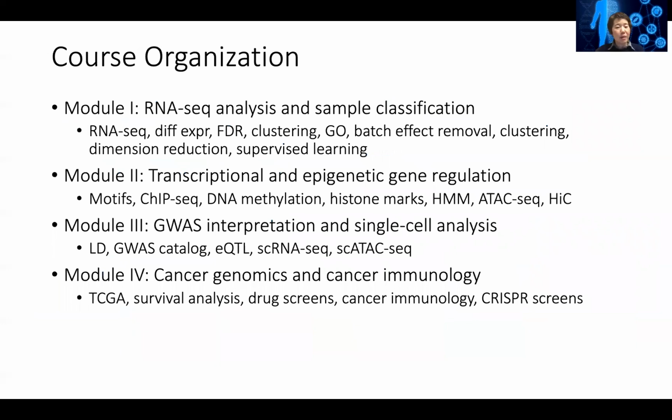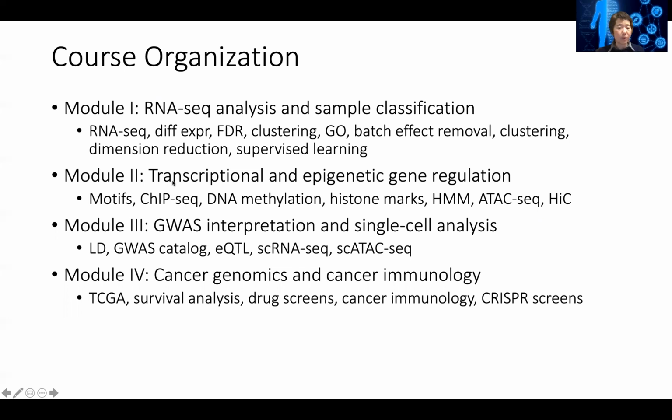There is some information on the course organization. This year, we're going to divide the course into 4 different modules. The first module is on RNA sequence analysis and sample classification. You will learn read mapping, how to do differential gene expression, how to cluster the samples, look at the gene annotation of a group of genes, and also remove batch effect.